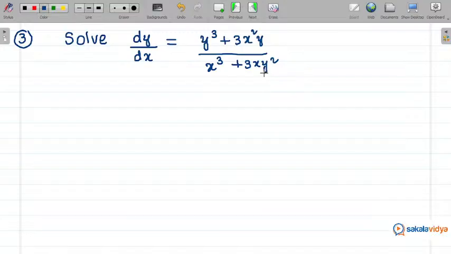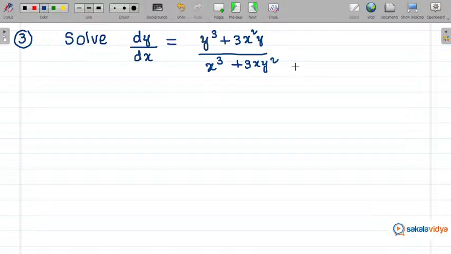Let us try to figure out whether it is a homogeneous function of degree 0 or not. Here y cube; here x degree 2, y degree 1, degree 3, same; x cube, 3; 1 plus 2, 3. So by taking x square common and also x cube common out, here also take x cube common out, that can be written dy by dx is equal to function of y by x.